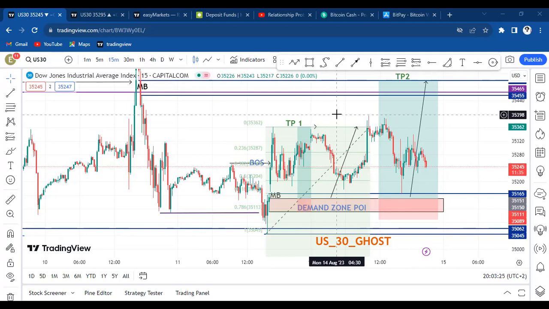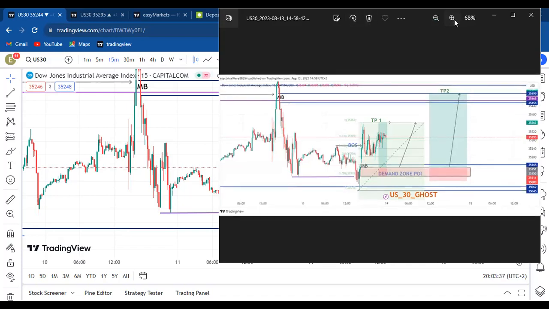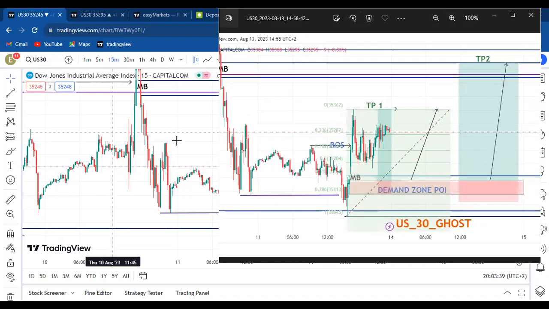I'm excited to show you something. Before we move on, the last time I made some analysis, and I was so excited about those analysis. As you can see, this is this chart.